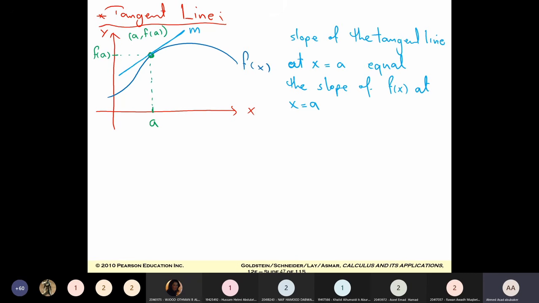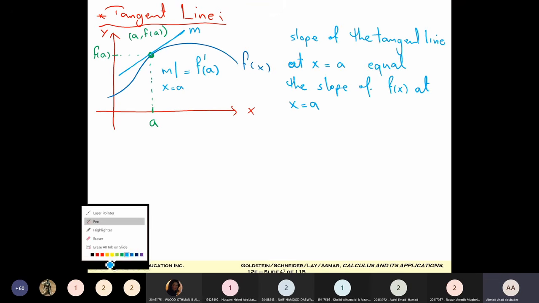Okay, now we can find the slope of f of x at a, or the tangent line at x equal a, by the slope at x equal a. This is equal to f prime. We must find the derivative of f of x and find f prime at a. So this means the value of the slope at x equal a for f of x and the tangent line.